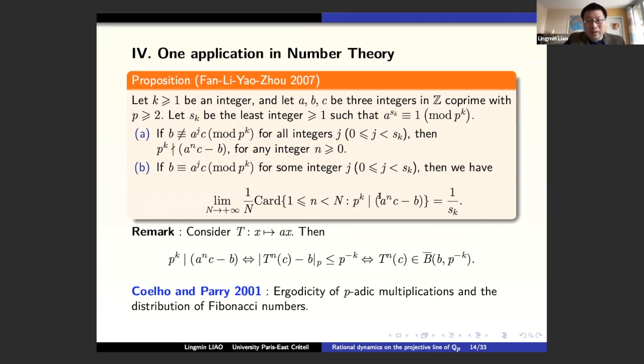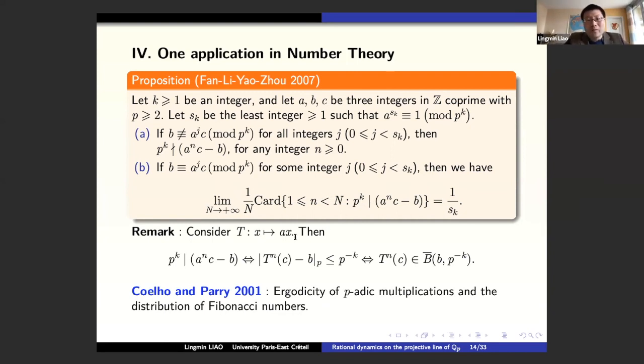If you have a sequence like a^n - b, you want to find, among the first n numbers, how many are divisible by p to the power k. This frequency we can calculate using Birkhoff's theorem.